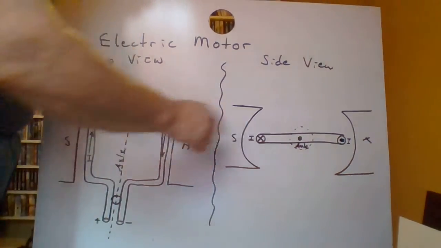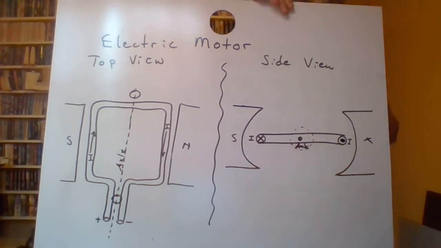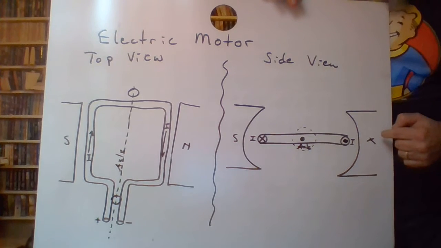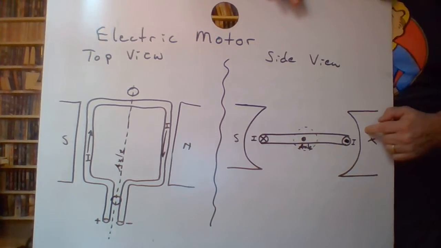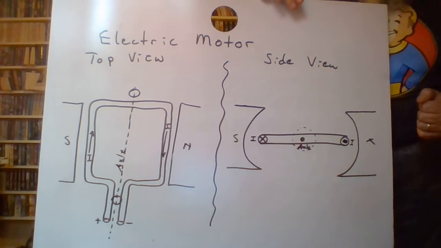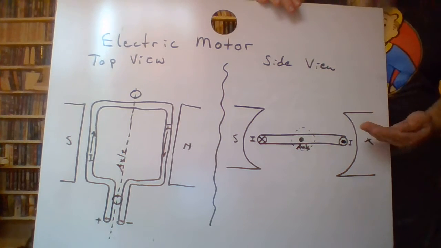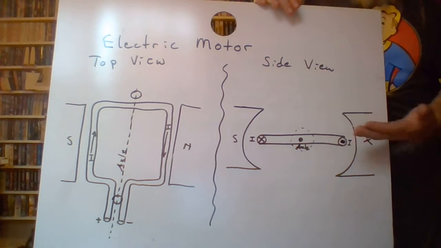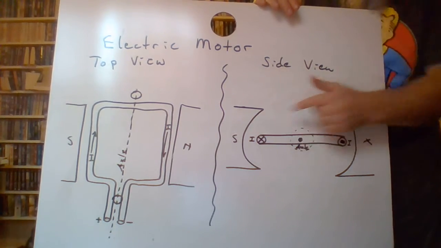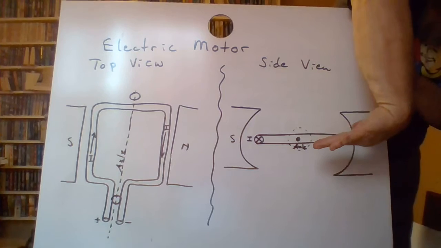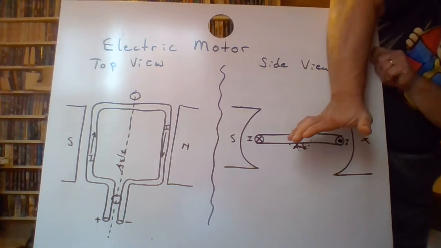Now, let's look at it over here. We've got our magnetic field going from the north, I'm sorry, that looks like an X, it's supposed to be an N, from the north to the south. And if we look at our fingers, now this is my left hand, remember, my fingers are pointing in that direction, and the current is coming out.